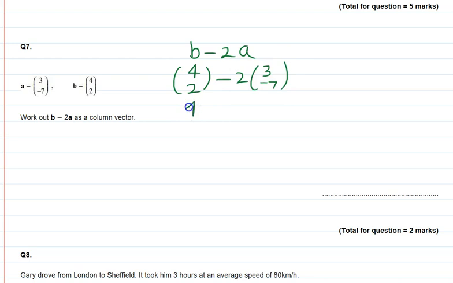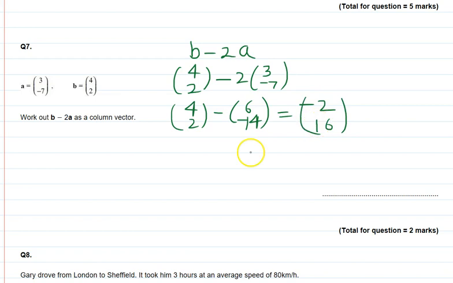So multiply by 2 inside. 2 times 3 is 6. 2 times minus 7 is minus 14. Now 4 take away 6 is minus 2. 2 take away minus 14, minus and minus becomes plus, so 2 plus 14 is 16. So the answer is minus 2 and 16. Next question.